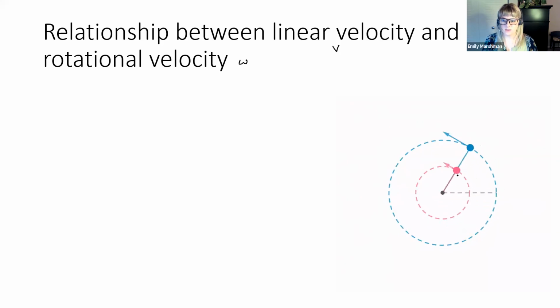Notice that they both go around a complete circle in the same amount of time. They go through one revolution in the same amount of time. They both go through 360 degrees in the same amount of time. That means that both of them have the same rotational velocity, omega.